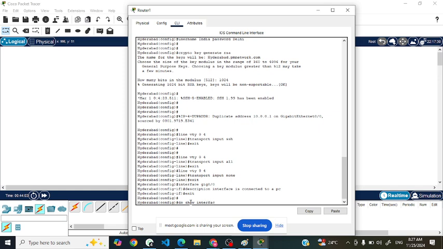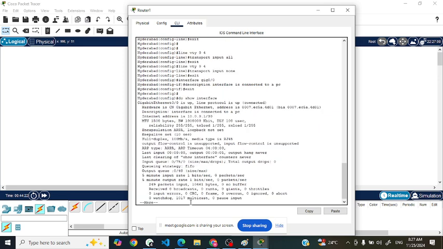Otherwise, when we use L3 switches, they have multiple ports, from 24 to 48 ports, so we will not be able to see. You will have to go through all the ports. Are you seeing?